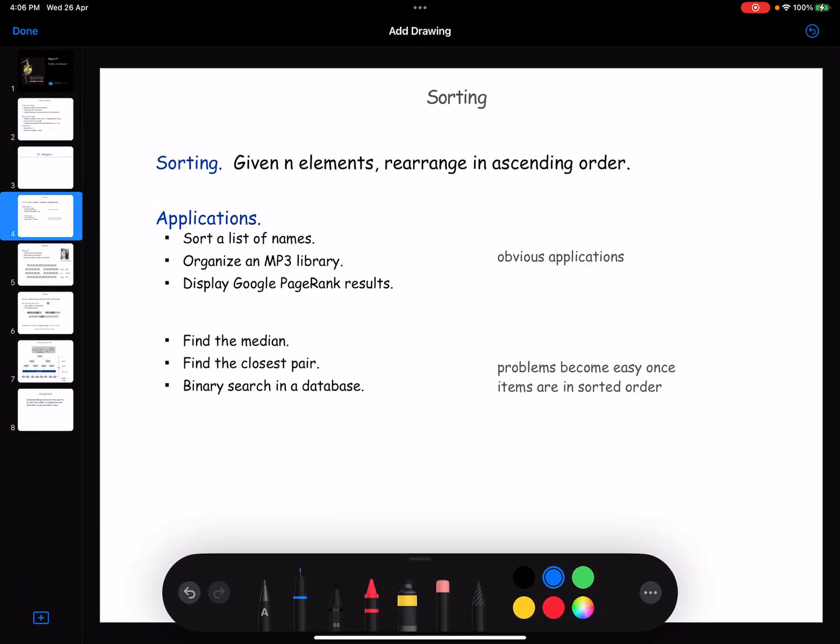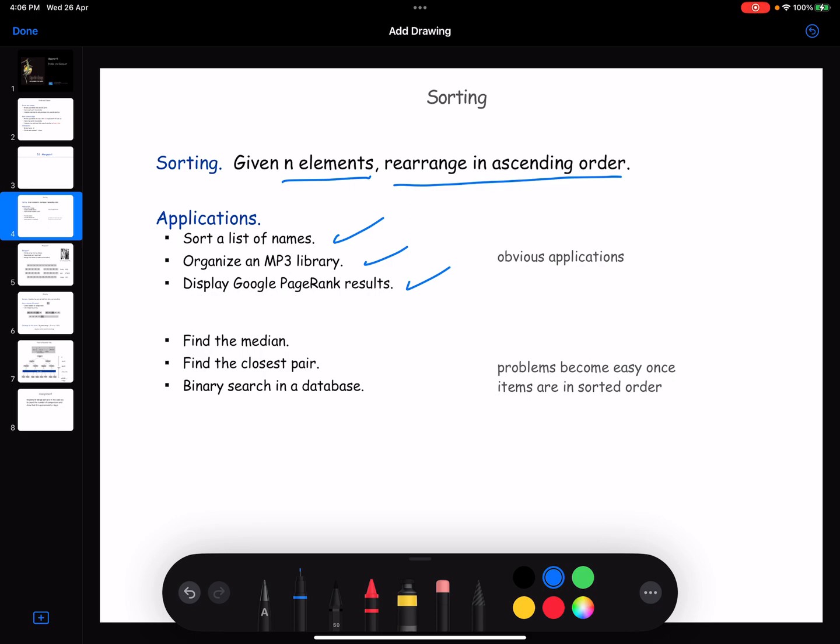So in the merge sort, we are given n elements, and we want to rearrange them in ascending order, or it can also be in descending order. So what's the application of this problem? It's clearly we want to sort, let's say we want to sort names, we want to sort files by the size, we want to sort Google PageRank results.